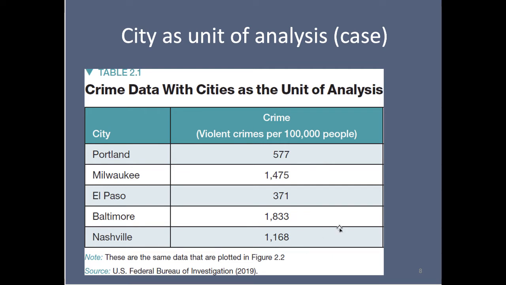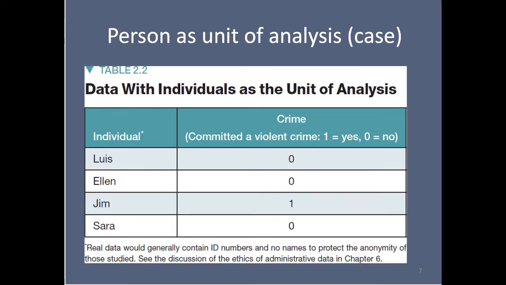So these are crime rates that apply to the city. So your variables are in the column, and they're giving you information about the unit of analysis, whether it's a city or a person.